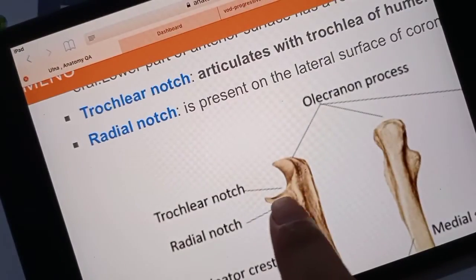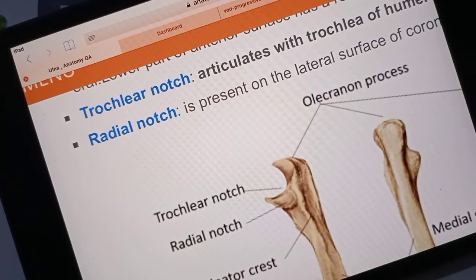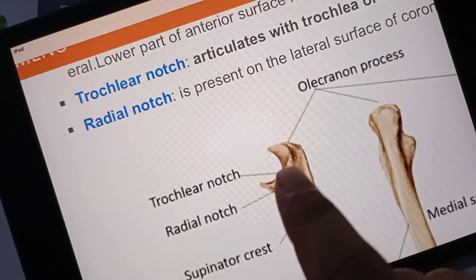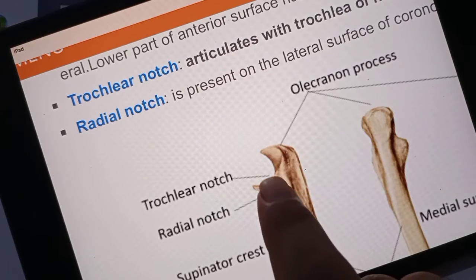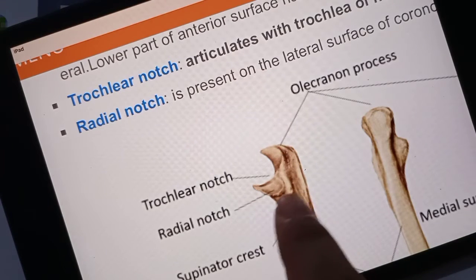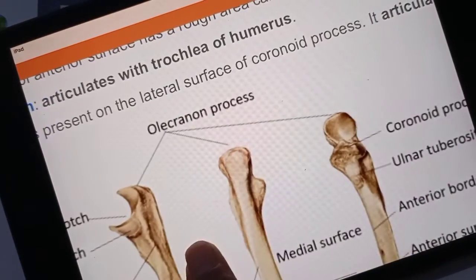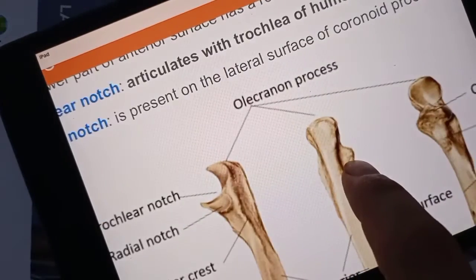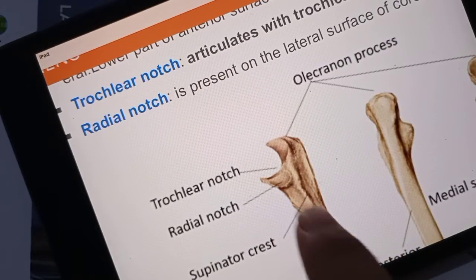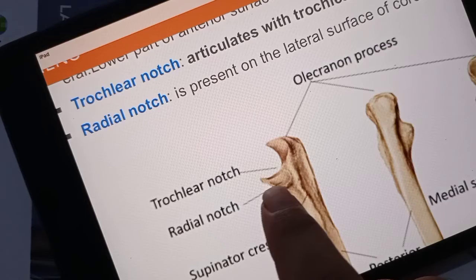This is the socket for the trochlea. Above the trochlear notch, this is the olecranon process, and below it, this is called the coronoid process. In the first diagram, you can see it is named, this is the coronoid process.